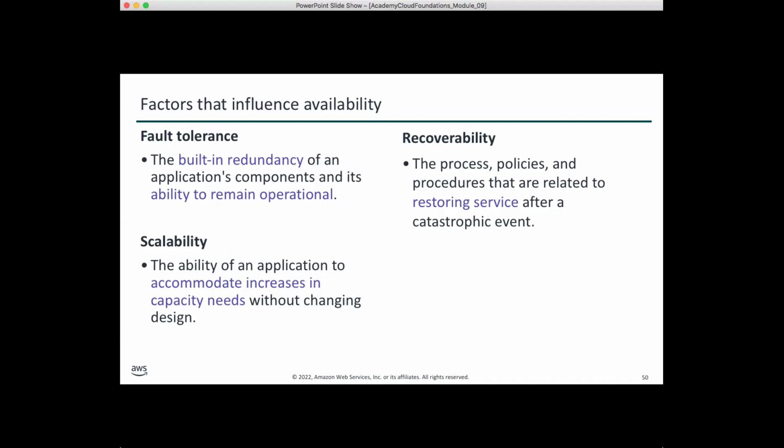accommodate increases in capacity need without changing the design, right? Basically, it means the system remains available and performs within the required standards or your acceptable limit, which again depends on the application. Even without a failure, as with fault tolerance, a sudden increase of traffic is the case for scalability.